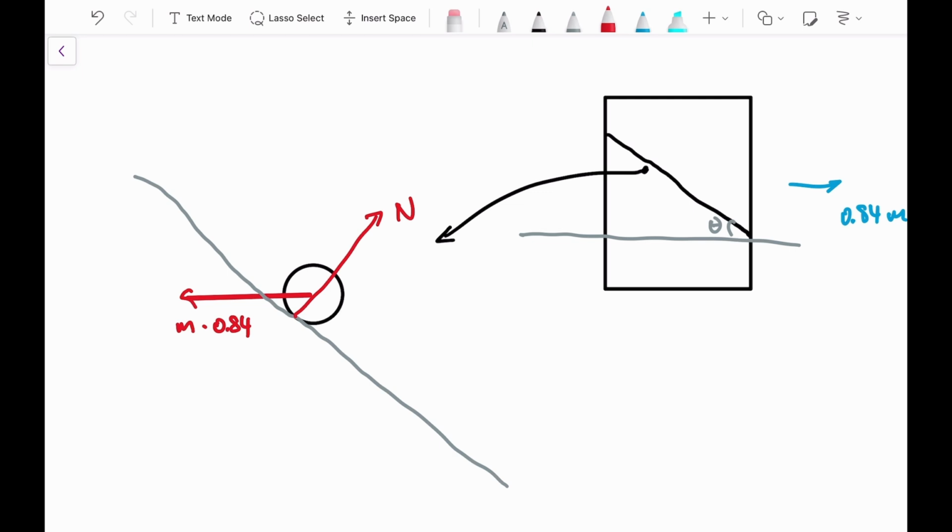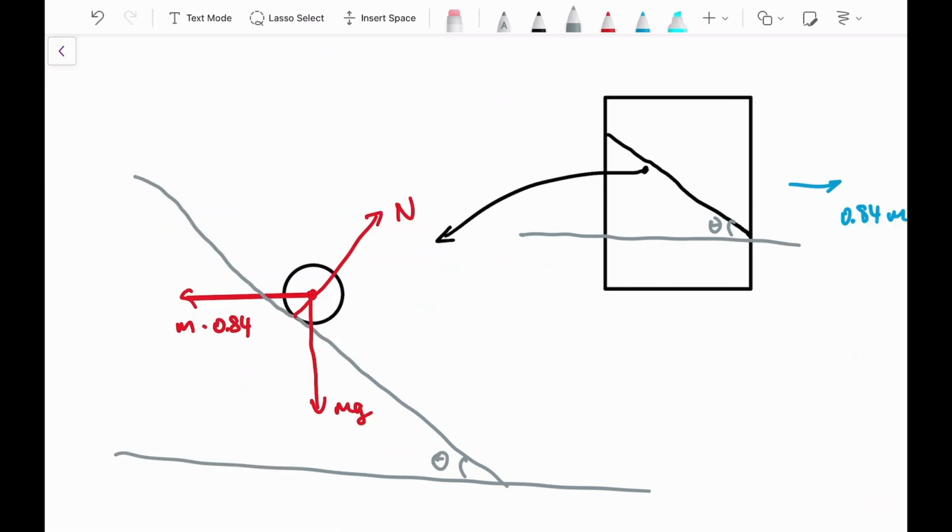And it's also experiencing a force downward, one of the most fundamental forces in nature, which is mg. And what we are given is that this system is in equilibrium. Now, how do we link this back into its angle? First of all, the angle that we need to calculate is simply this angle.